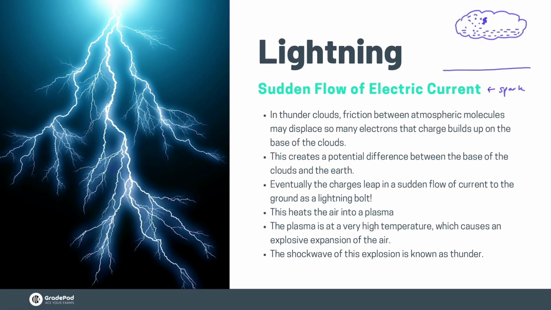Now imagine that the earth is neutral, it's got the same amount of positive and negative charges. But the effect of the thundercloud is that like charges repel, don't they? So the electrons in the earth will repel away from the thundercloud. And if I redraw this diagram, just bear with me.